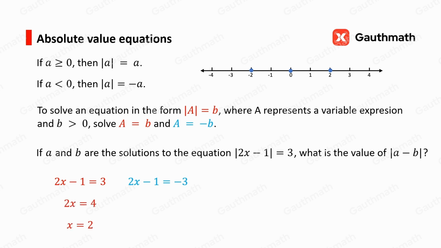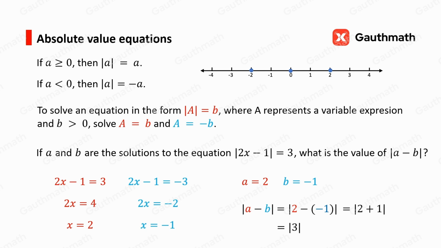So x equals 2, or x equals -1. So 2 solutions, and we have A, B. A can be 2, B can be -1, or we can switch them. Either way, the absolute value of A minus B equals the absolute value of 2 minus -1, and that is 3. So the correct answer here is 3.